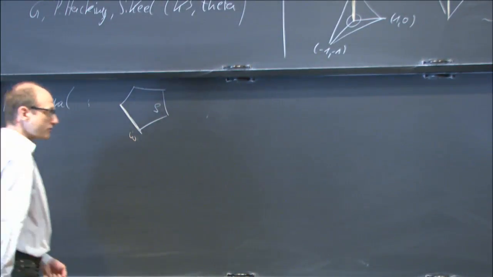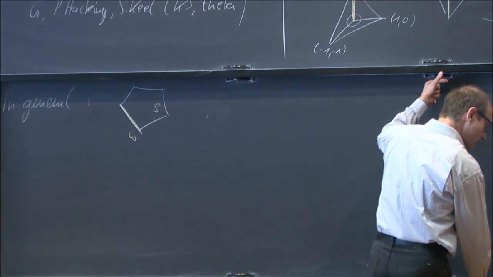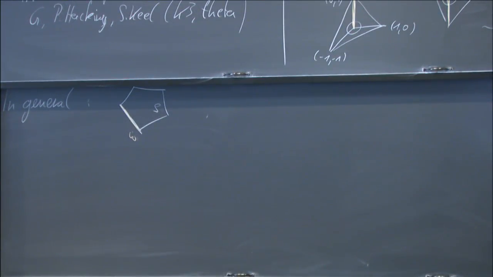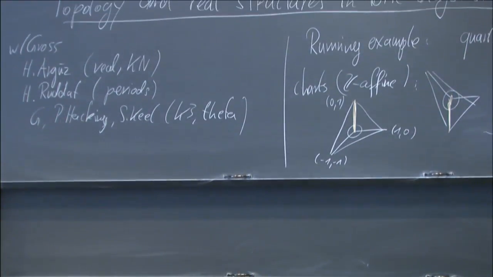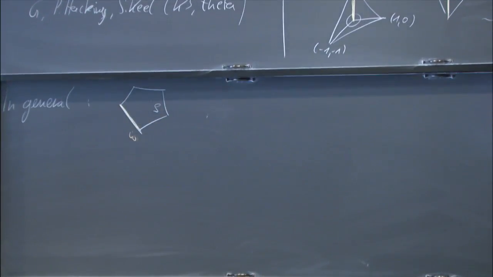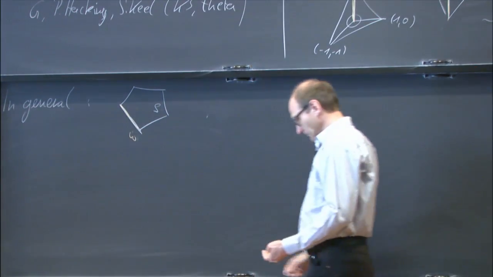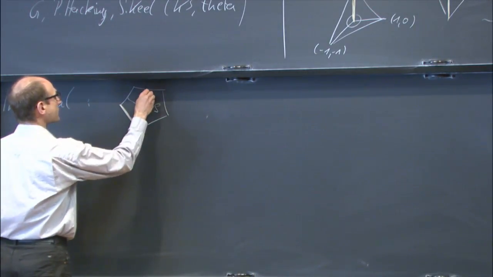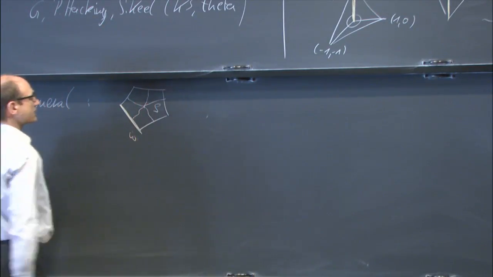I indicate these points here where I cannot define the affine structure by some dots. It's a codimension 2 subcomplex of the barycentric subdivision. So here you should think of this being somehow subdivided like this in dimension 3.